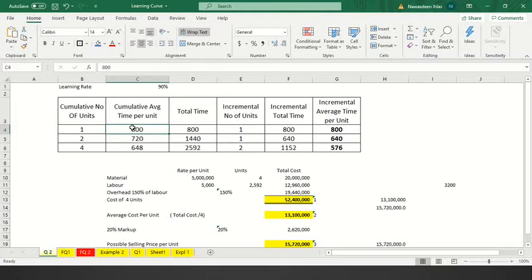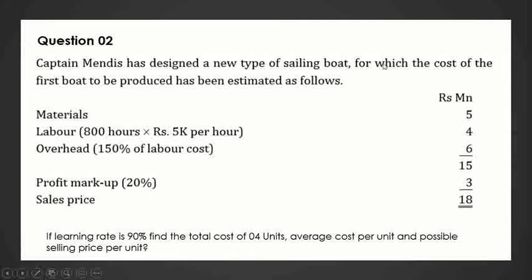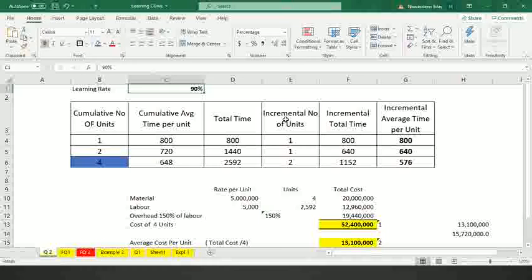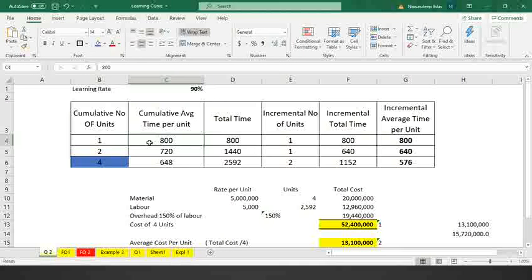For the first unit they need 800 hours. Now second units, fourth units. So I have taken up to fourth unit. So their learning rate in this question they have given it is 90%. So 90% I have taken. So first unit 800 hours.